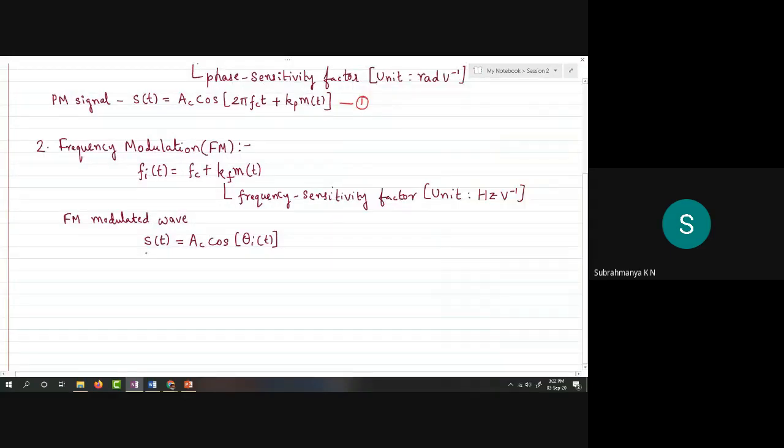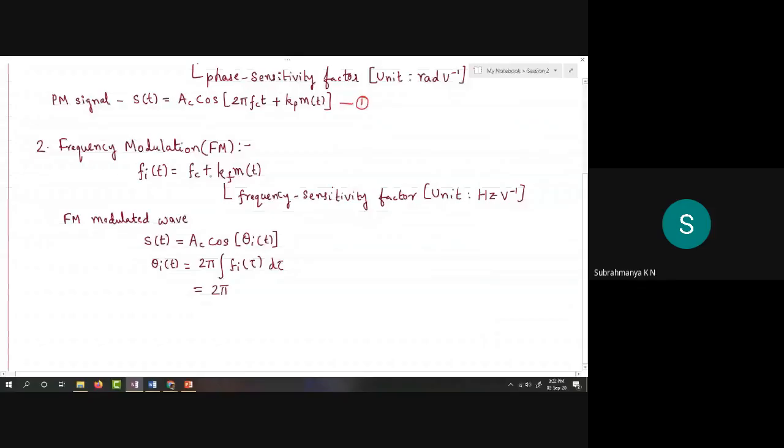With that, we can write theta_i(t) is nothing but 2 pi times the integration of fi(tau) d tau.